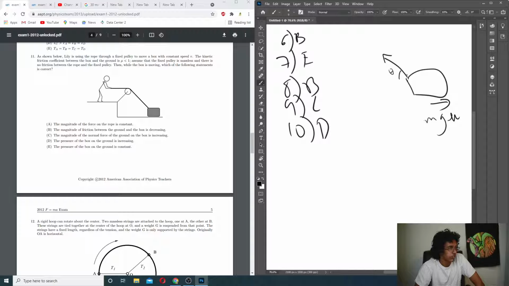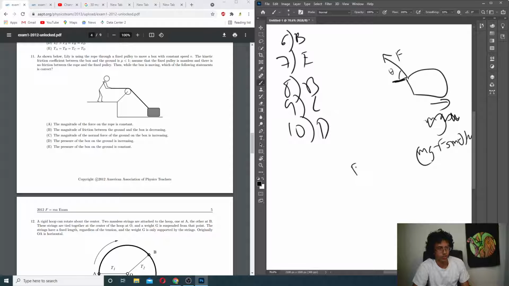And then you got mg minus f sine theta, times mu, right? And then this force has to be equal to that, right? So f cosine theta is equal to the frictional force. So this basically suggests that it's not constant, right?